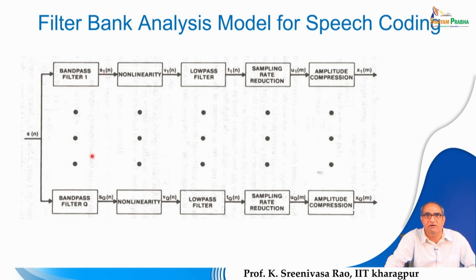If we can bring all these pass bands to a lower side, then all the frequencies will be at a low frequency, then we can sample at a very low rate, and achieve lower data rates, representing speech at lower bit rates. So, that was the idea in speech coding by using a filter bank.